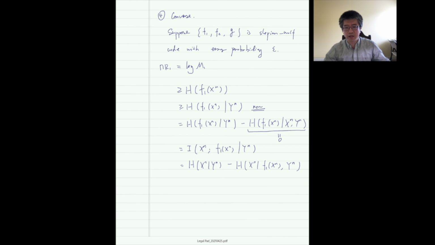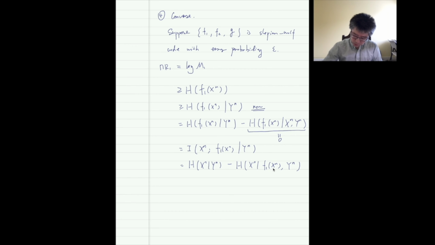So next step is that we do not want this guy. We want to get rid of this guy, and the way we're gonna get rid of it is that we're gonna use Fano, right? But in order to use Fano, we need f1(X^n). We also need f2(Y^n), right? Because we have to observe both of them to do the decoding.